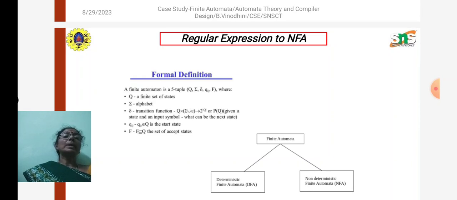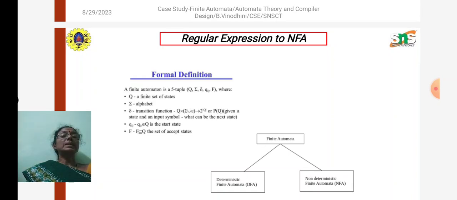The finite automata is divided into two types: deterministic finite automata and non-deterministic finite automata. In a DFA, for each state and each input symbol, the transition goes to only one state. That is deterministic; we have to determine our state transition.